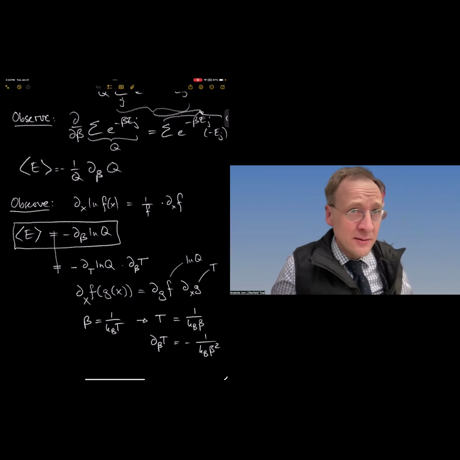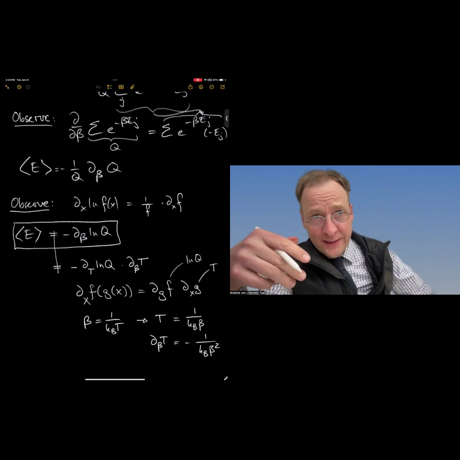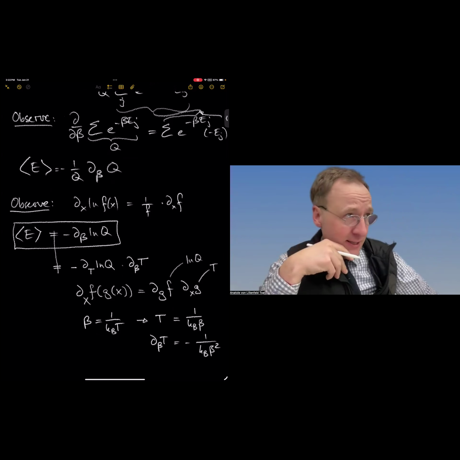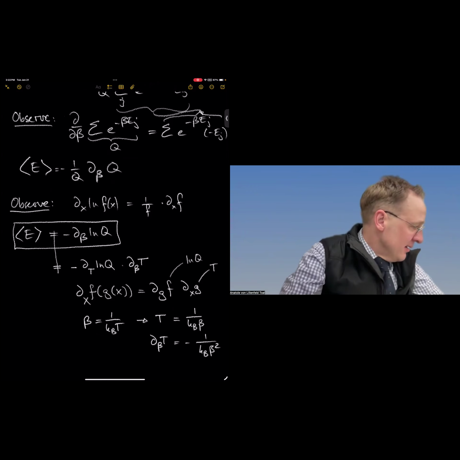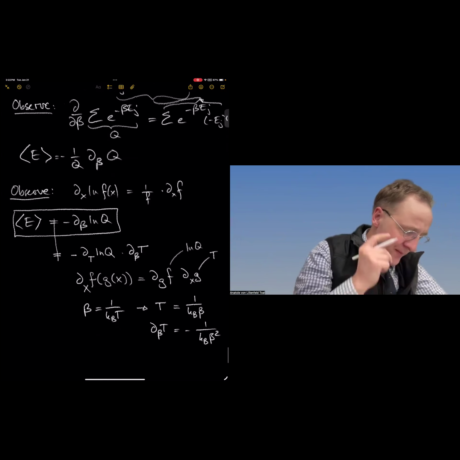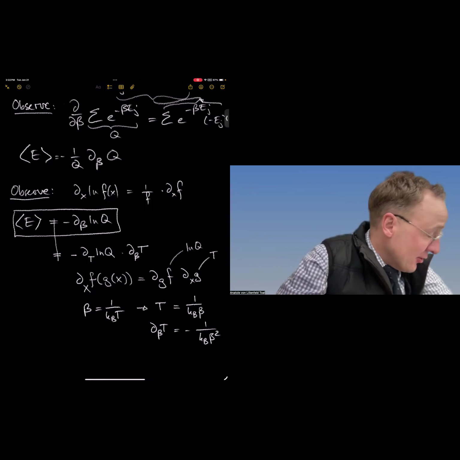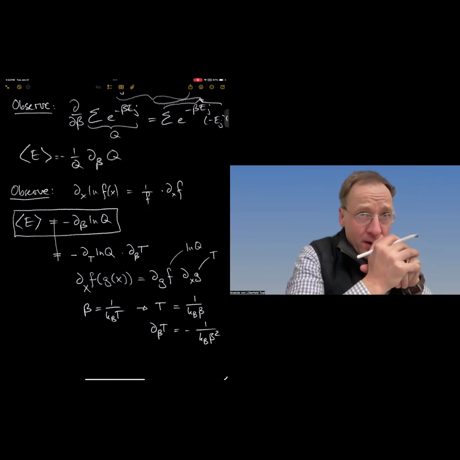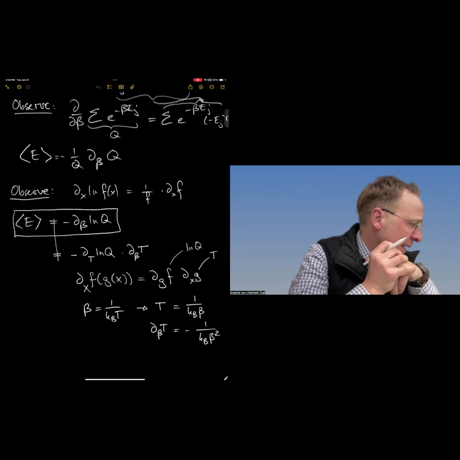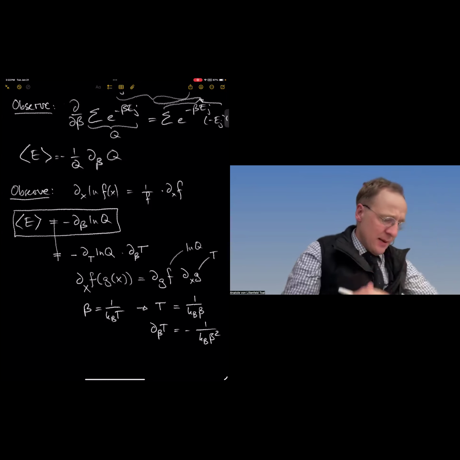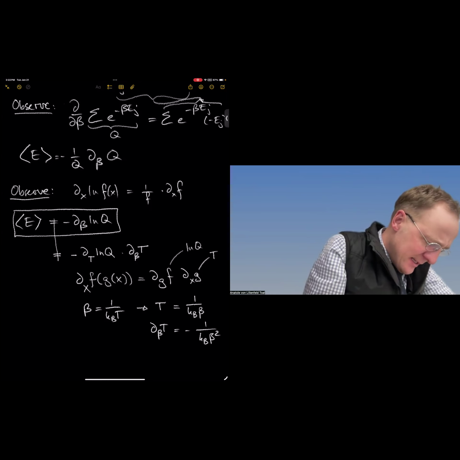Any questions on this? It's like differentiating 1 over x, right? I get a change in sign, and then the higher inverse exponent. So that's that. And then the logarithm of Q, this thing has to be derived with respect to T, and that is then something we can simply leave implicit.